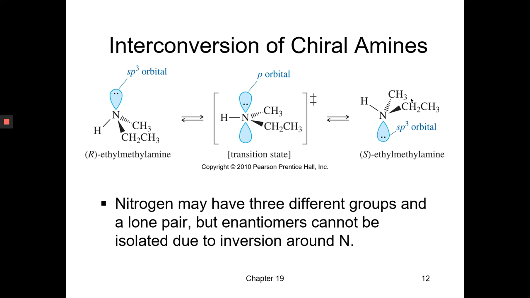But in fact, what happens is that we have rapid inversion that takes place. Now, in the case of phosphorus, which is just below nitrogen in the periodic table, you typically don't have this rapid inversion. And if you have three different groups on a phosphorus and a lone pair, then typically you have chirality.